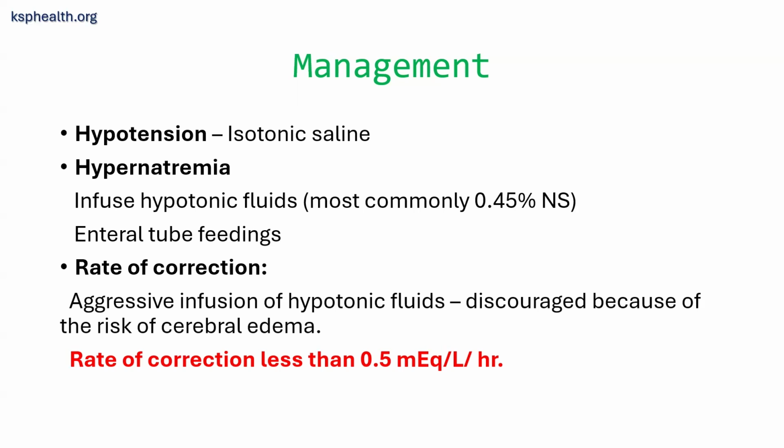As a result, they can predispose to cerebral edema, especially when the serum sodium level is higher, you've got to be very slow. In my own experience, when the sodium level is really high, meaning if it goes to 180 and above, enteral tube feedings are the best way to deal with hypernatremia.